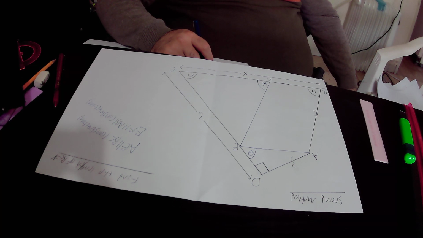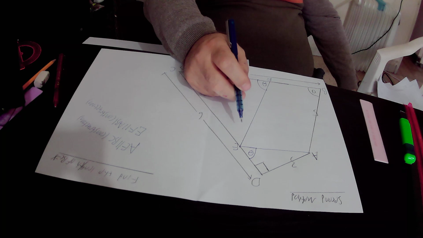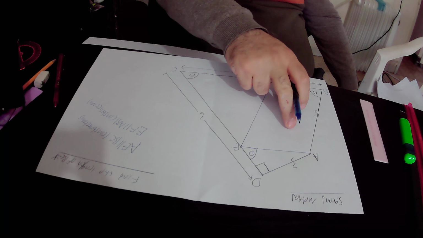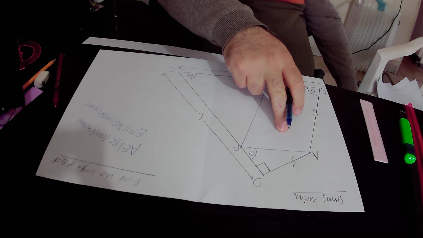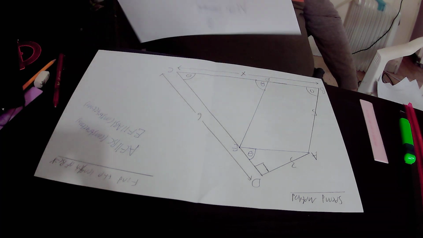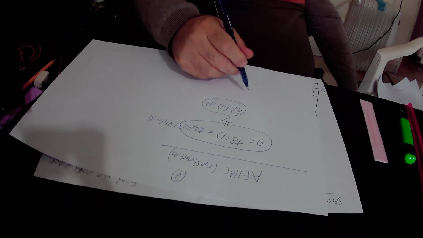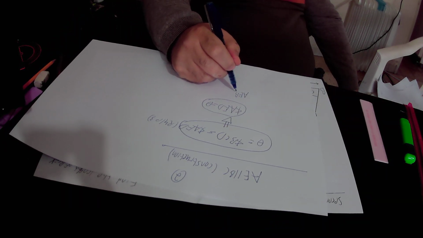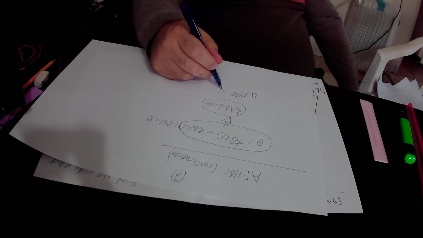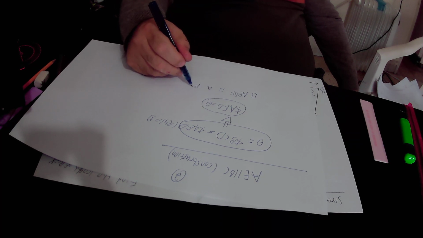So here we created quadrilateral AEBF. This quadrilateral is a parallelogram. I will write it down: quadrilateral AEBF is a parallelogram.